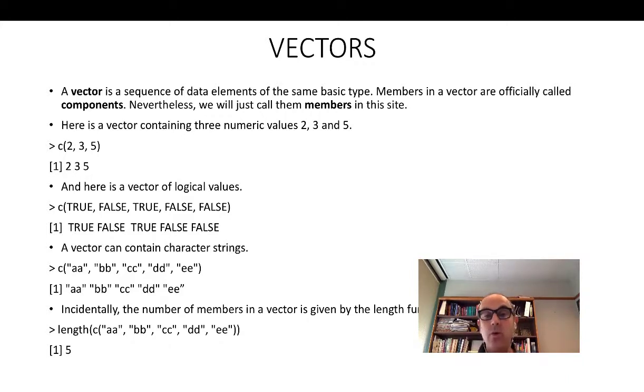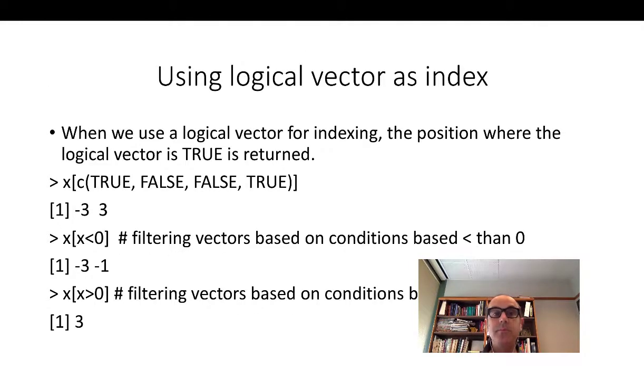If you went through a C++, Java, or JavaScript class, you talked about character strings, which are AA, BB, CC, or DA. Those are words that allow us to have a string attached to it. When we use a logical vector as an index, the position of the logical vector is true when it is returned.